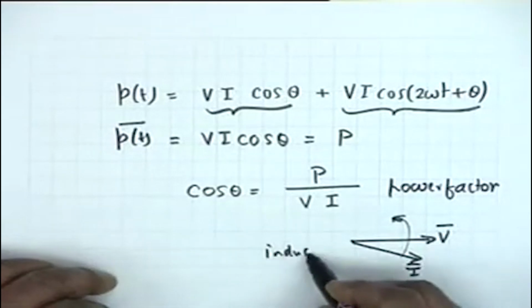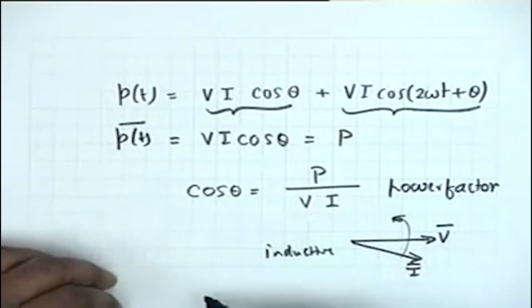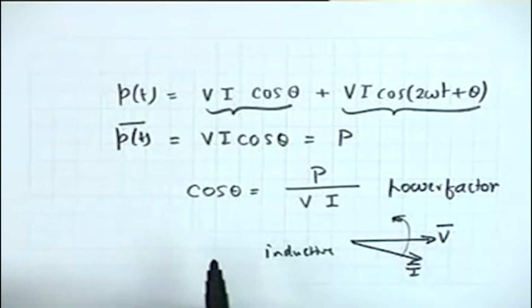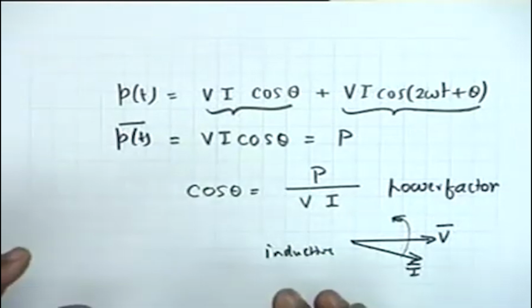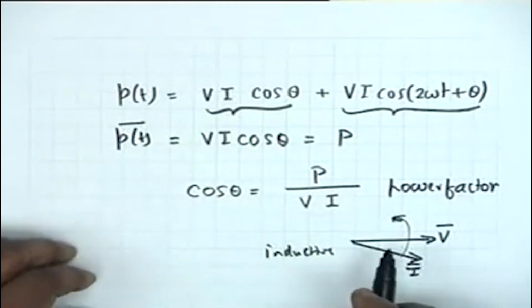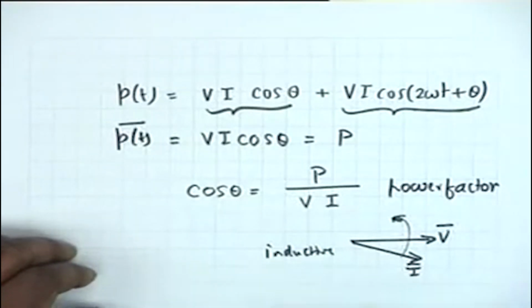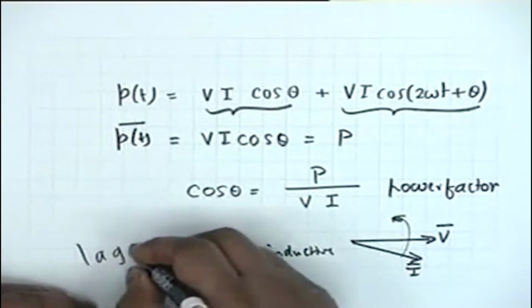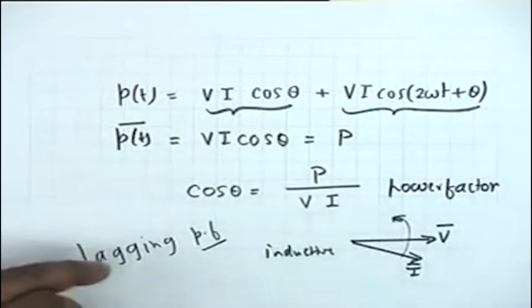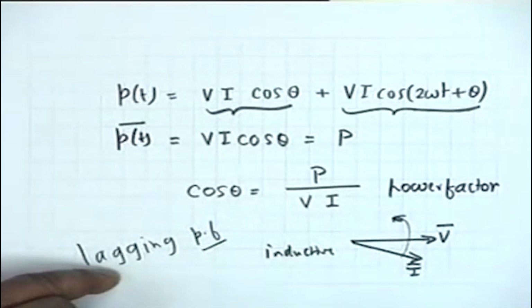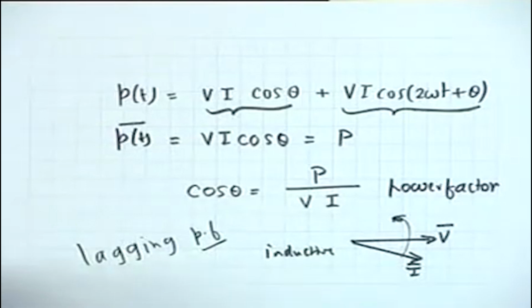And in such situations, whether theta is positive or negative makes no difference to the power factor, because cosine of minus theta is cosine theta. But in such a situation, we say it is a lagging power factor. The word lagging does not relate to the power factor; it relates to the angle of the current with respect to the voltage.